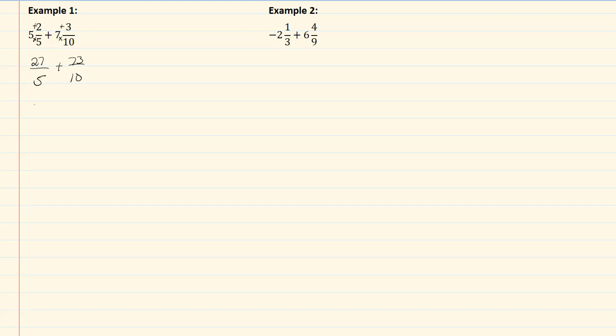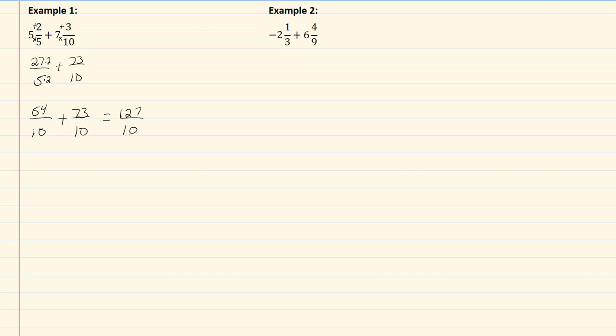Since 10 is a multiple of 5, 10 is my common denominator. Multiplying by 2 here, I get 54 tenths plus 73 tenths. So adding my numerators, I get 127 over 10.